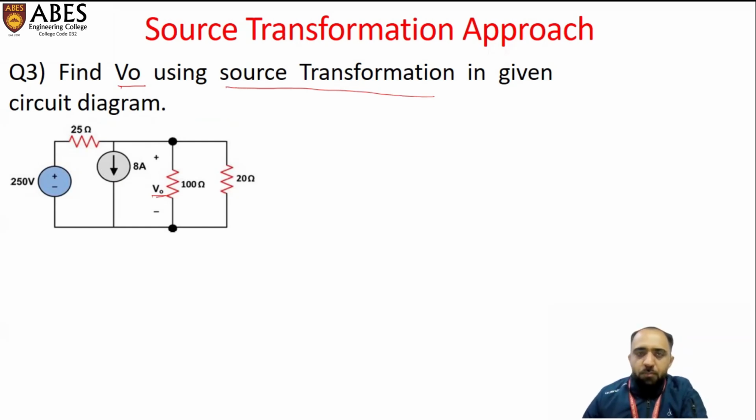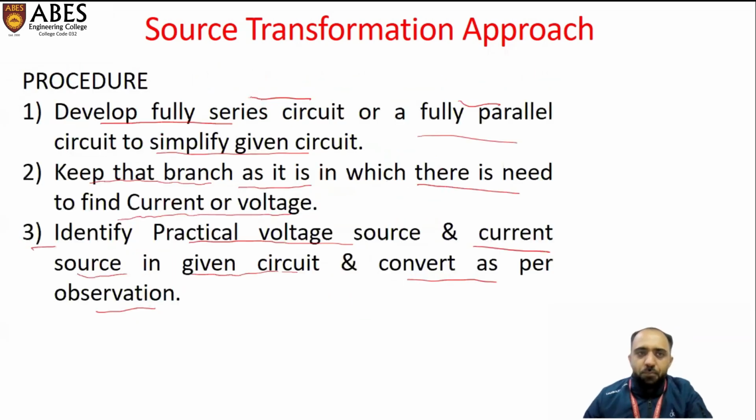So let's check the procedure. We need to convert our circuit into fully series. You need to remember the concept: either fully series or fully parallel, and keep the branch as it is where we need to find the current or voltage, and identify the practical voltage source or current source and convert it.